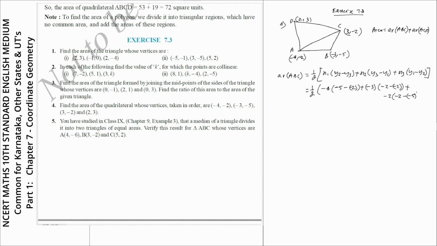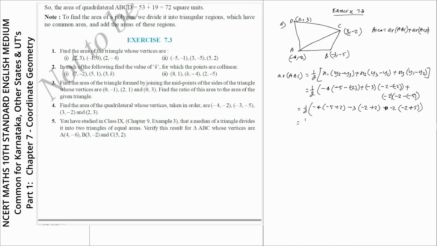Okay, now this is equal to 1 by 2 into minus 4 into minus 5, so minus of minus 2 is plus 2. Then plus into minus 3, then minus 2, so minus of minus 2 is plus 2, plus, okay, this I'll take in bracket. Now plus into minus is minus, so minus 2 into, now minus 2, minus of minus 5 is plus 5.